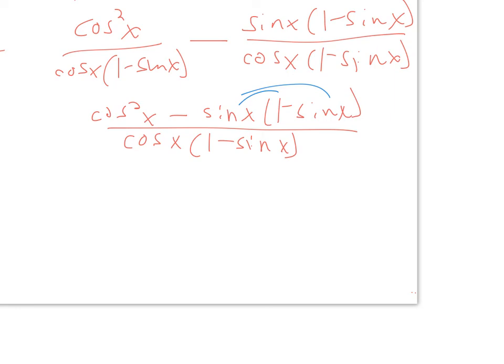So when I do that, I'm going to have cosine squared x minus sine x, and then when I distribute that there, that's going to be plus sine squared x. And that's going to be all over this LCD.